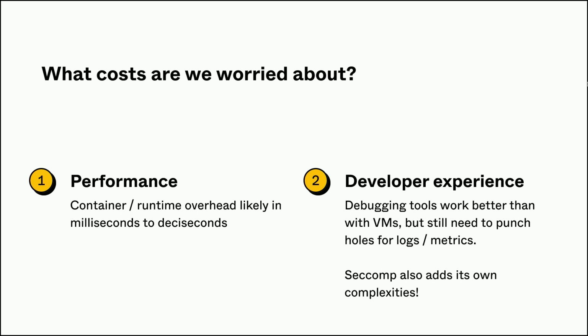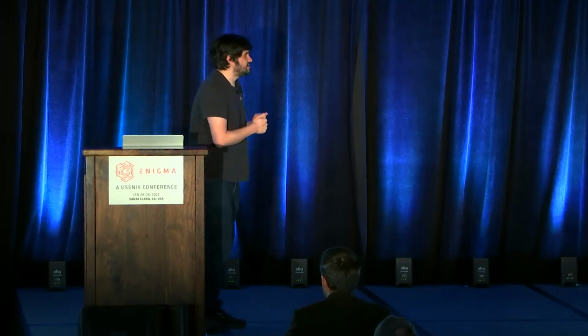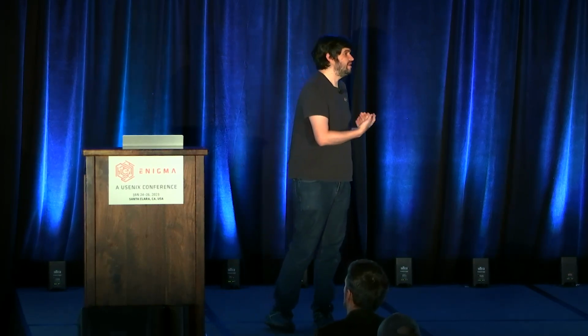This is one of these things where now the developer experience of your system relies not just on the code itself, but also on the configuration of the underlying host in a way that may not be transparent to developers. So for one concrete instance of this happening, when we deployed a seccomp-based system for the first time, we didn't whitelist the system calls that allow you to get the current time of day because we never saw them called in local development.